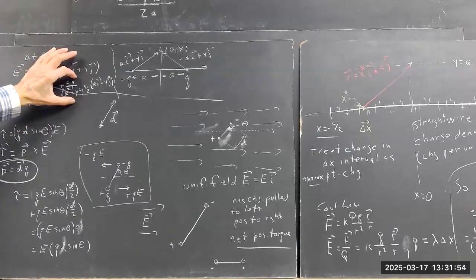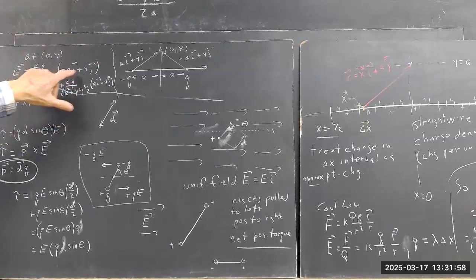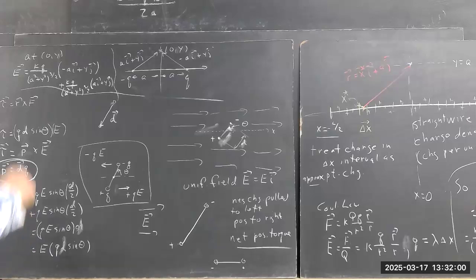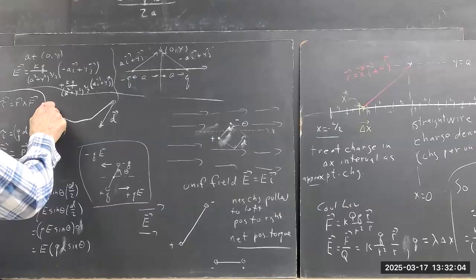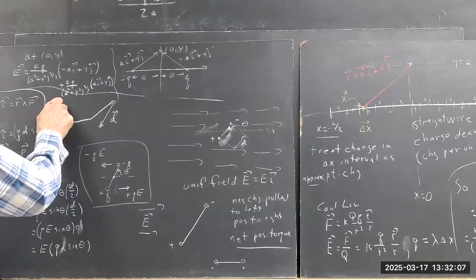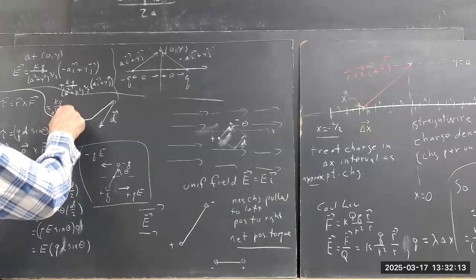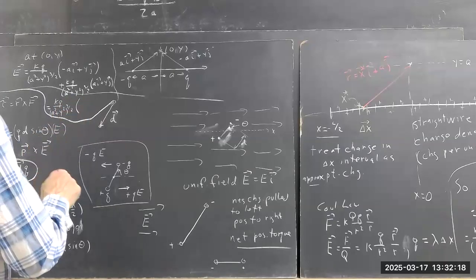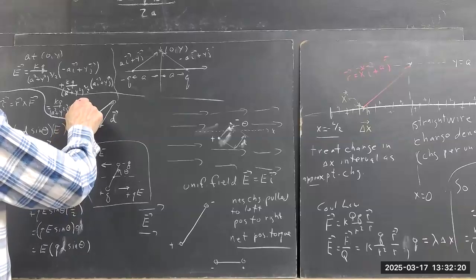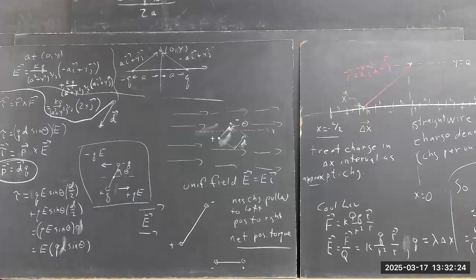Meaning I could have factored out the KQ over A squared plus Y squared to 3 halves and just have this and this. And so a little space here, which will be Y squared to the 3 halves times two YJ.